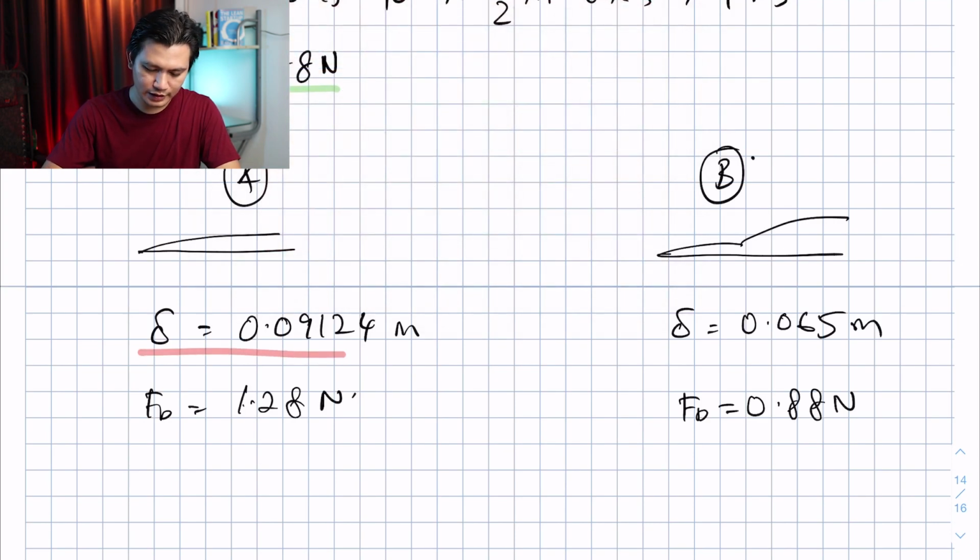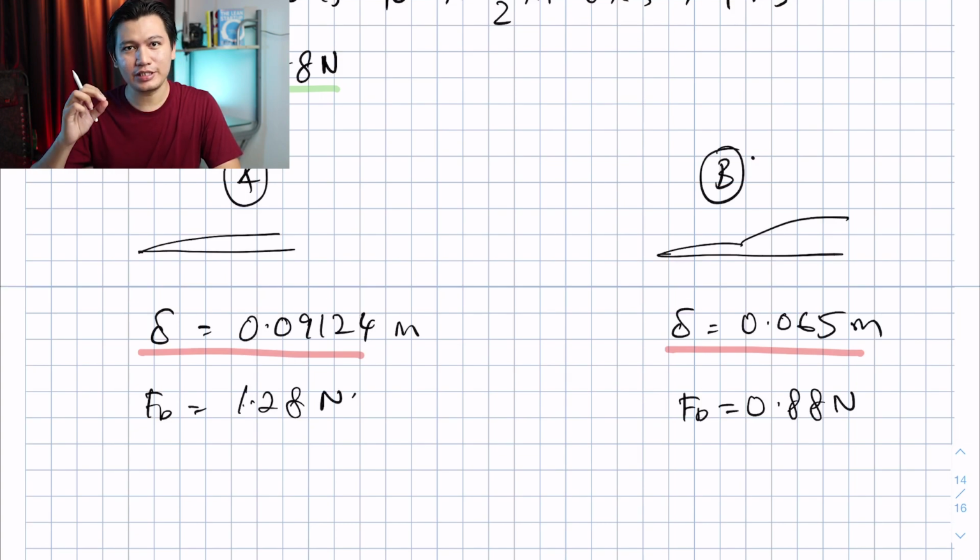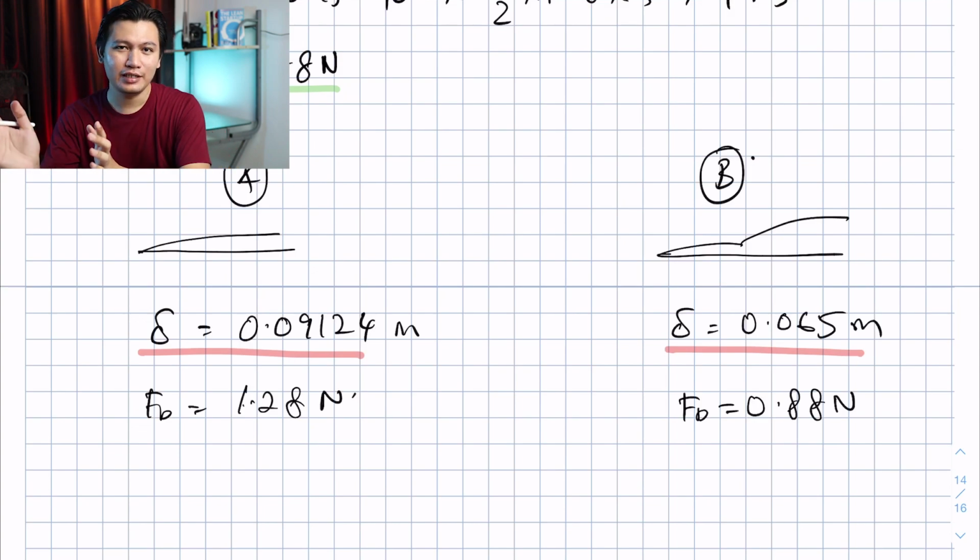At first, let's see the difference of del. Obviously, if you simply neglect the laminar, you're going to have a value of del which is thicker than the actual value. Of course, in any case, you will have laminar and turbulent.